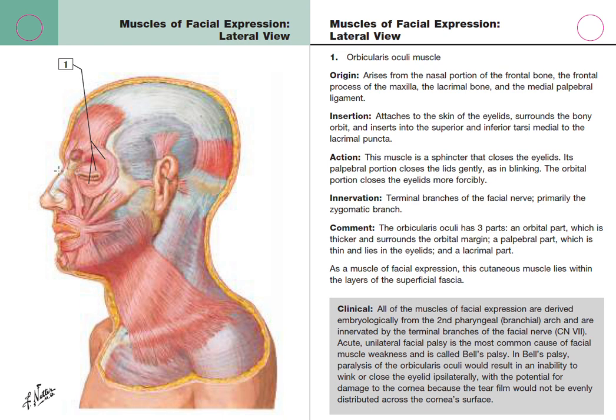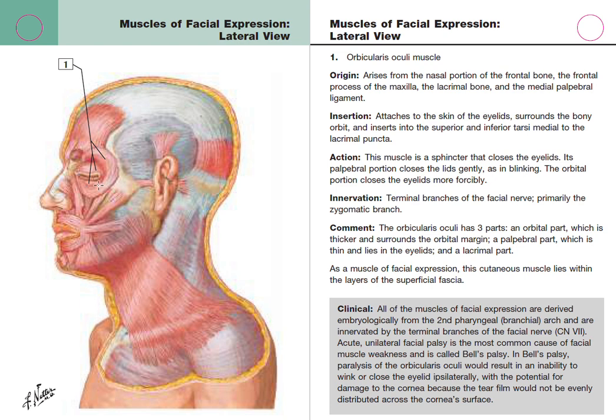Its palpebral portion closes the lids gently, as in blinking, and the orbital portion over here closes the eyelids more forcibly. Again, a favorite question: the palpebral portion medially closes the lids gently when we blink.